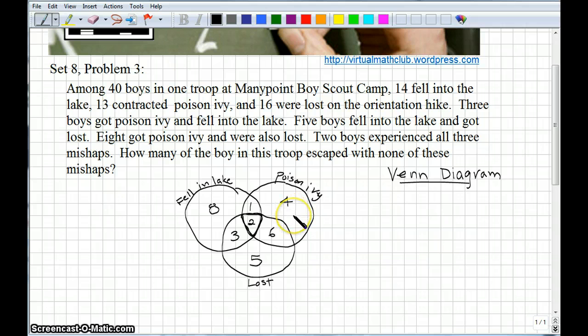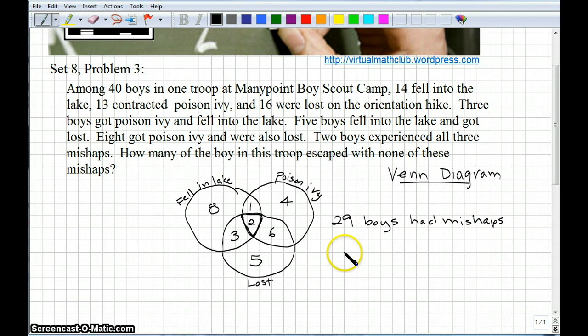Let's do that. We have 6 and 4, that's 10. Then there's 15, 20, and then 8 and 9, that's 29. So I'm getting 29 boys had mishaps.